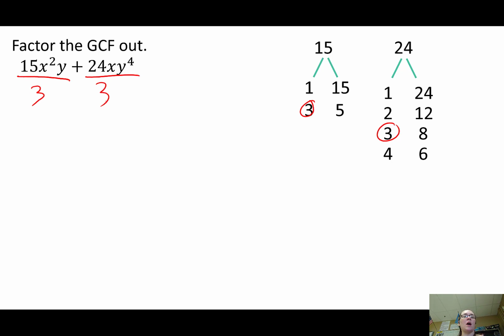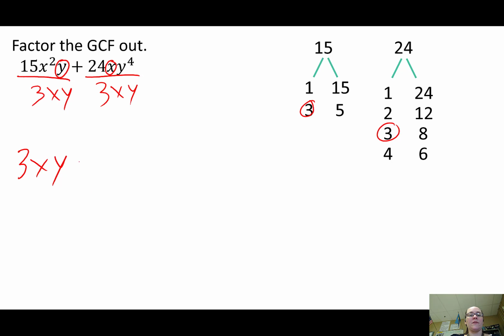As long as a variable is common to all, we can factor it out. So in this case, we're going to factor out an x from each, and we're also going to factor out a y from each, because those are my smallest exponents. We're going to do each of those individually. So 3xy is our greatest common factor there.